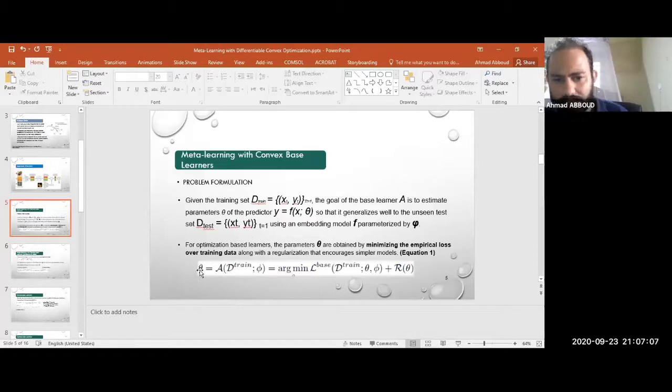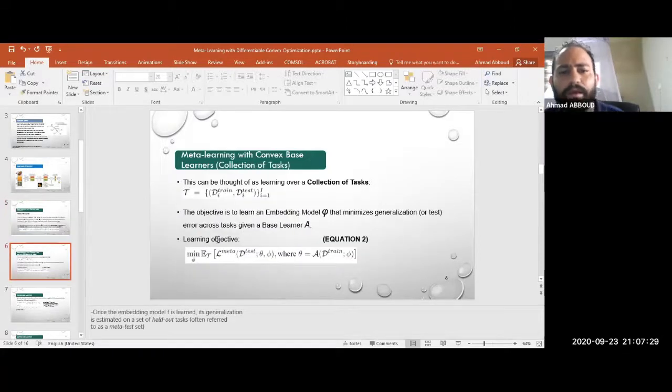So this is minimizing the empirical loss over the training data. Here you can see this is the optimization problem. You have to minimize this loss function, and R here is a regularization term. This is a general model. This is a general problem.